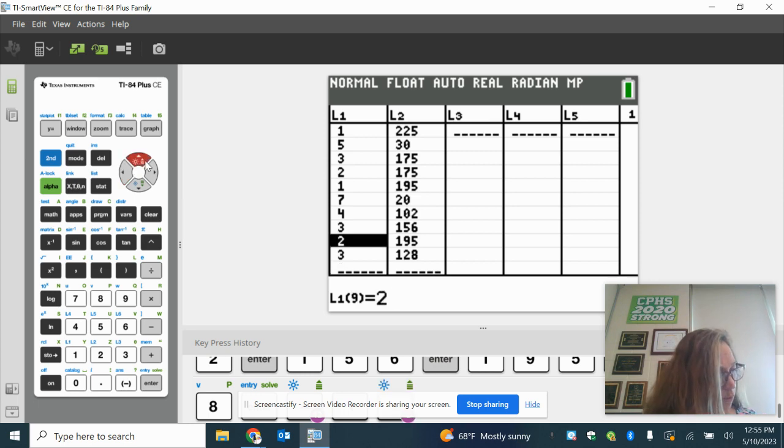Okay, so 1 and 225. Remember, these are ordered pairs. 5 and 30, 3 and 175, 2 and 175, 1 and 195, 7 and 20, 4 and 102, looking good. 3, 156, 2, 195, 3. Okay, great. So I entered my data correctly.